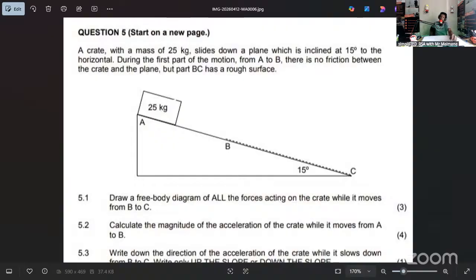Now, you must be able to allow your mind to draw both the vector diagram when there's no friction and the vector diagram when there's friction. But unfortunately, based on the question, they want us to draw a free body diagram of all forces acting on the crate while it moves from B to C, meaning on that rough surface where there's now friction.